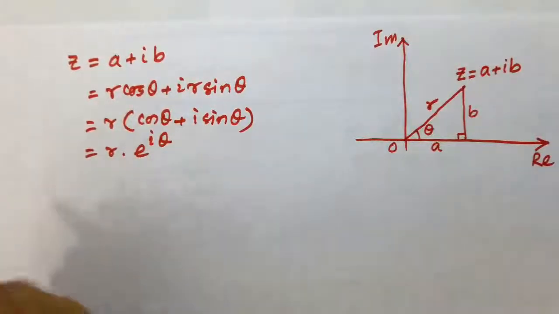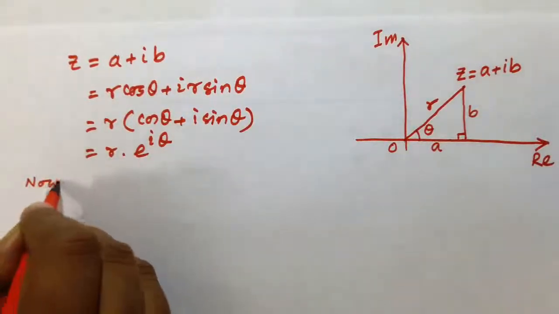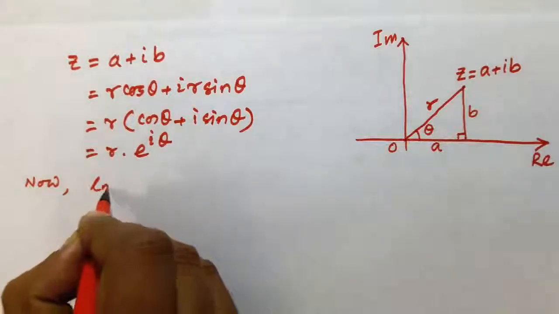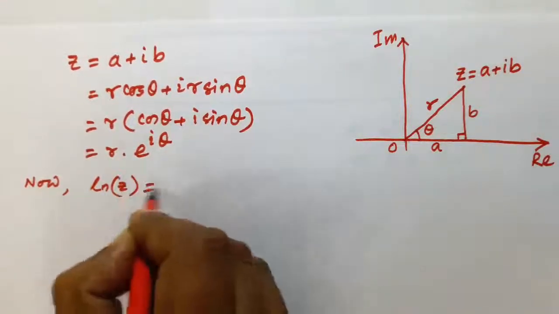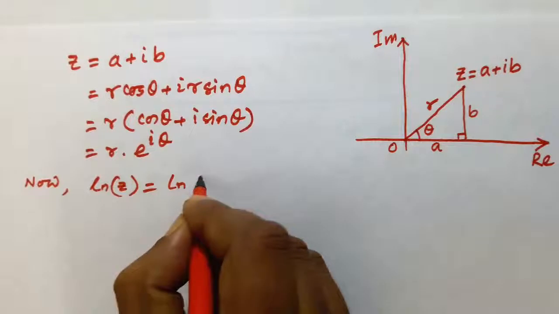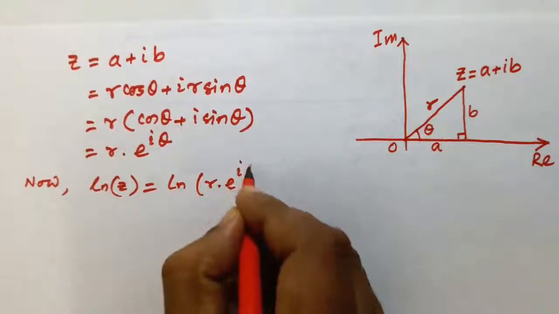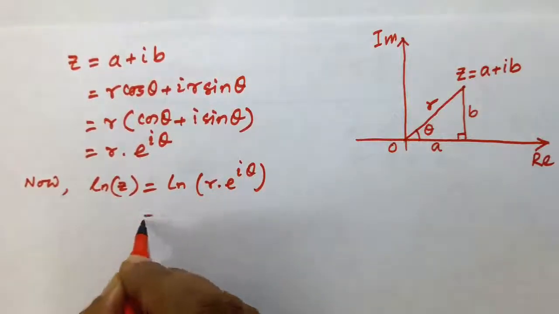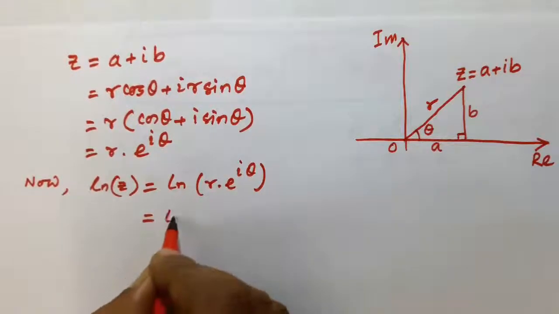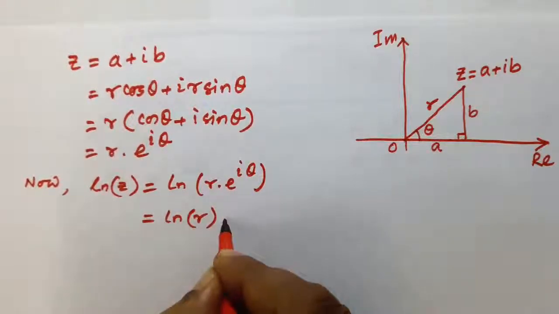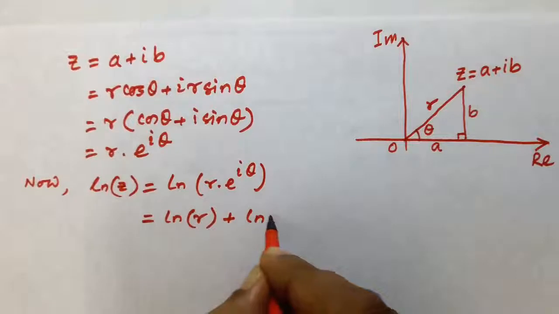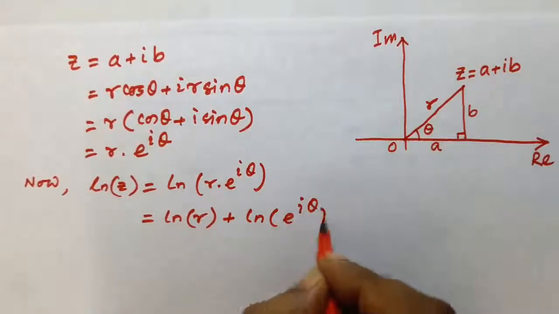Now we take ln to both sides, that is ln z is equal to ln of r e to the power I theta, that is equal to ln r plus ln e to the power I theta.